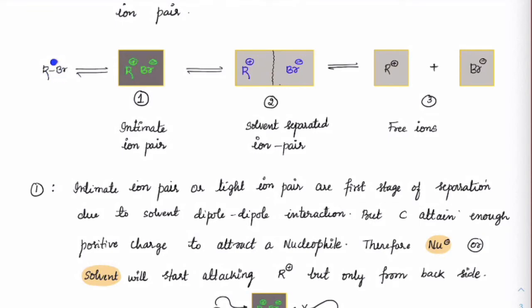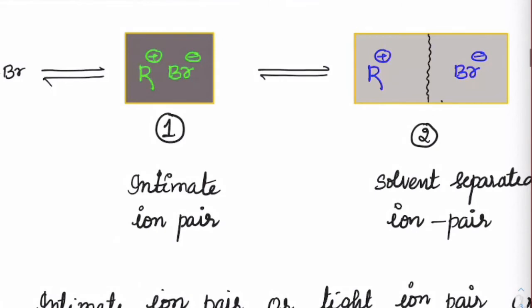In fact, a covalent bond is formed. Now slowly, due to dipole-dipole interactions, the charge on R increases and the charge on Br increases, and they start becoming plus and minus, right? This is happening because of the dipole-dipole interactions, as I just told you, okay? So when they just start getting a high charge, that is the first stage, which we call the intimate ion pair or the tight ion pair.